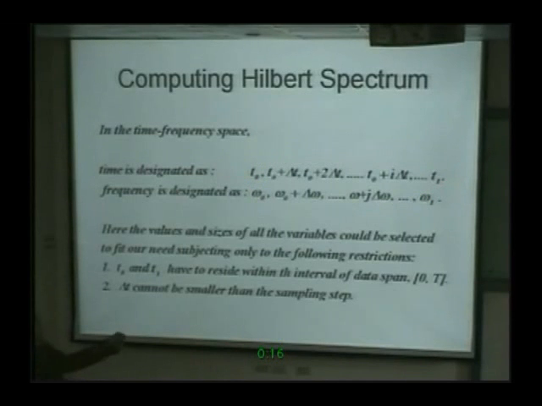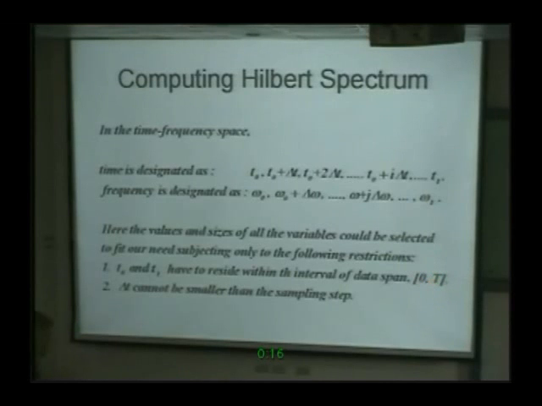If we have data from 0 to capital T, the only requirement is that T0 and T1 reside within this interval. If you're outside the interval, of course, there's no value. As long as it's inside, it's fine.